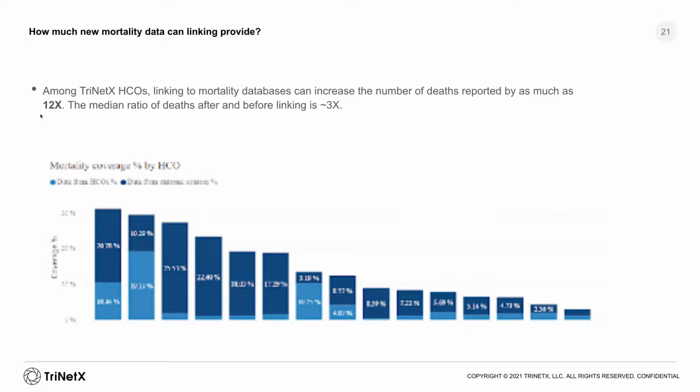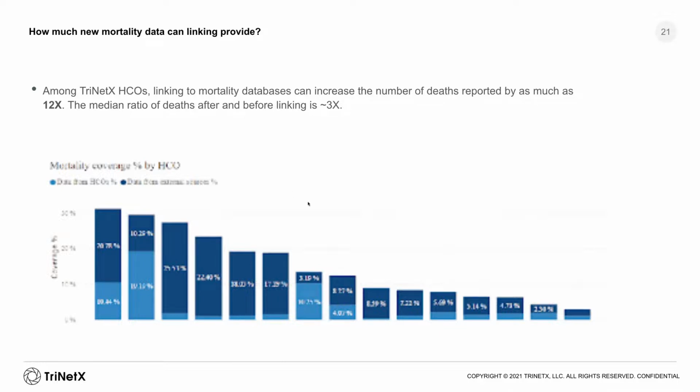This graph tells the story that it's highly variant, and that is due to multiple factors. There might be independent other sources being utilized at a particular organization, and so the augmentation of what this collaboration brings will have varying effect according to what other sources they already have access to.